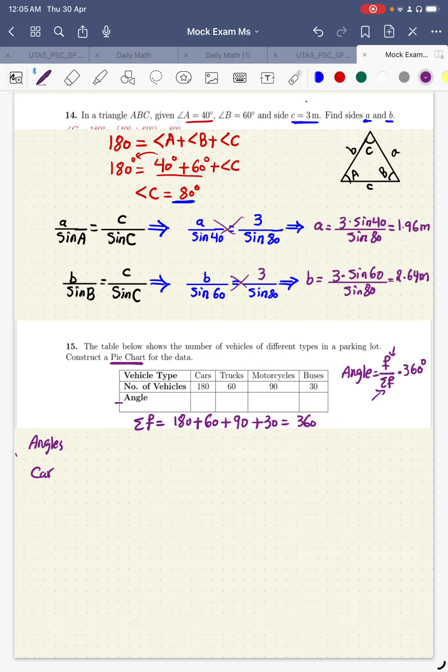So now how am I going to find the angles? For car, what is my f? It is 180.